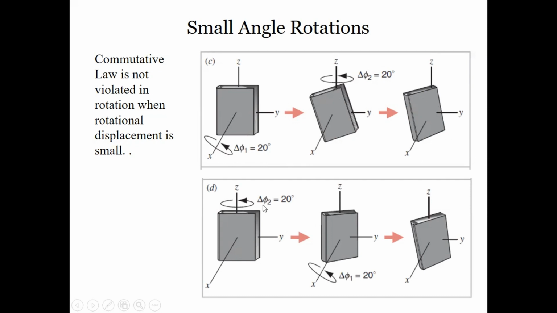Similarly, the book has a 20-degree rotation about the z-axis, and then a 20-degree rotation about the x-axis, and it has a similar result. So the law a plus b equal to b plus a, the commutative addition of vectors, is observed if the angle is small. And we are going to treat the rotations for small angles, and therefore we will treat them as vectors.